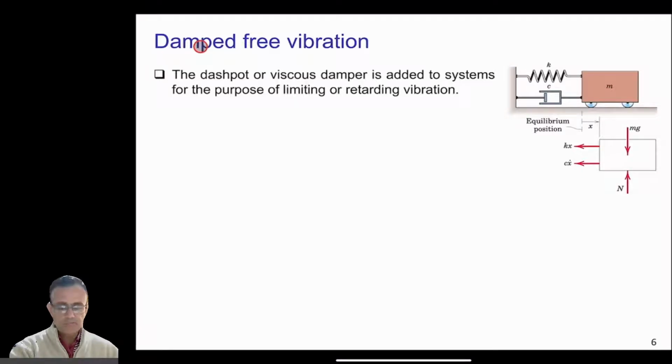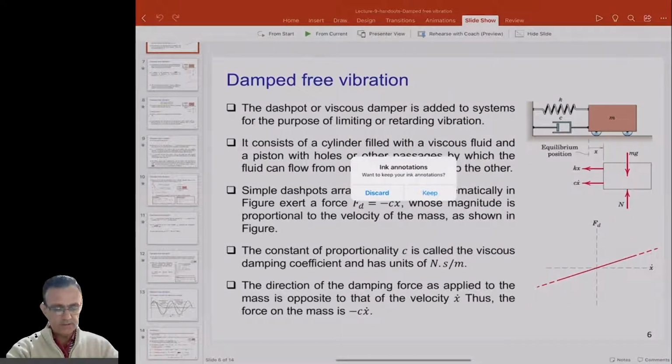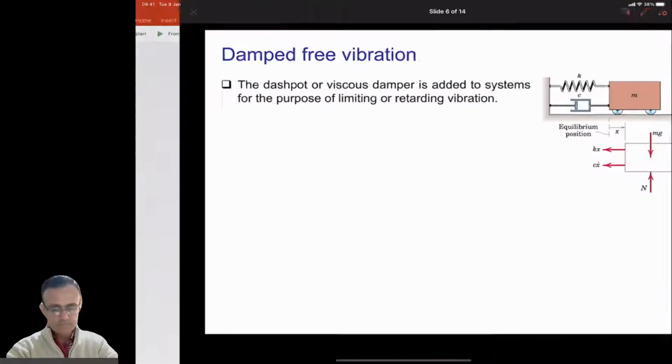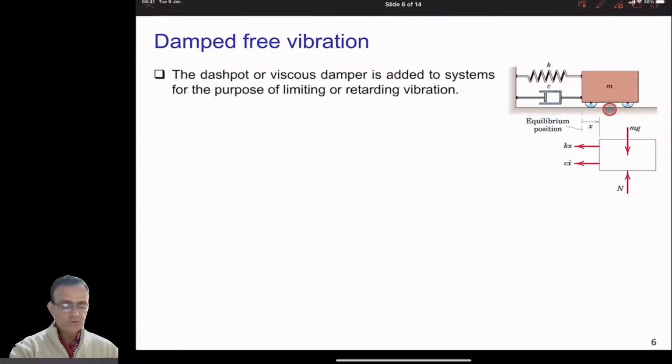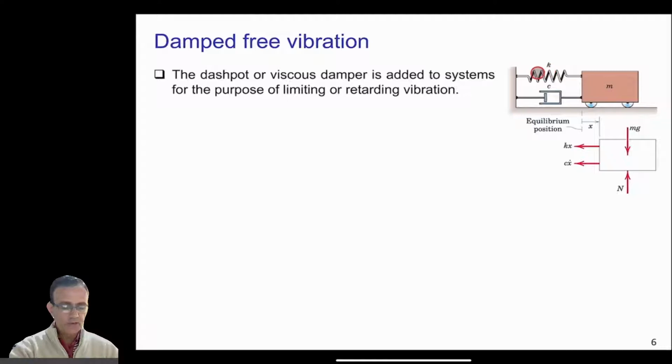So now, if you consider this system here, the dashpot, which is this thing here. As you can see in this case, we have this system. Now, in addition to the spring, we also add this cylinder and piston here, and this is what we call a damper.